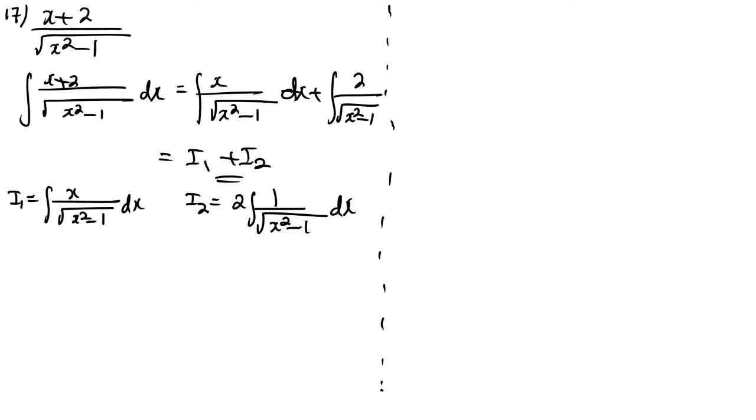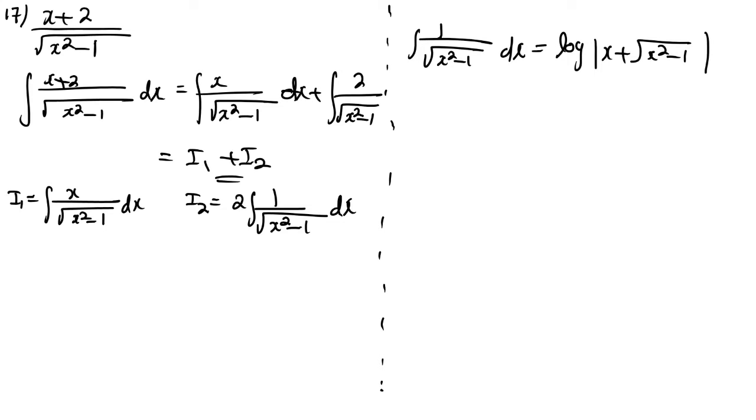See, for I2 we have a direct formula: integration of 1 by square root of x square minus 1 into dx is equal to log of mod x plus square root of x square minus 1. It's a direct formula we have. But for I1 you need to calculate the value. Consider I1 is equal to integration of x by square root of x square minus 1 into dx. Next, go for substitution method.